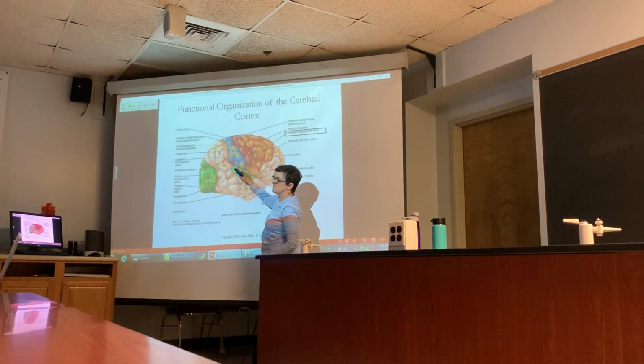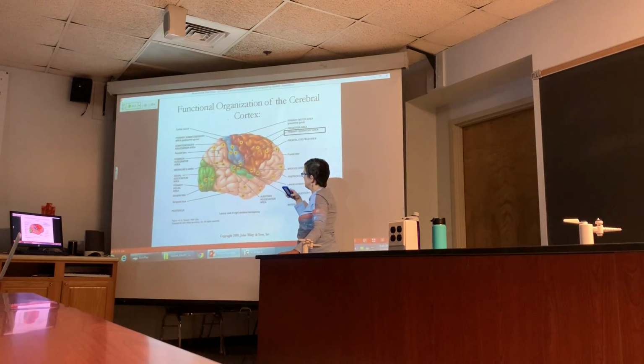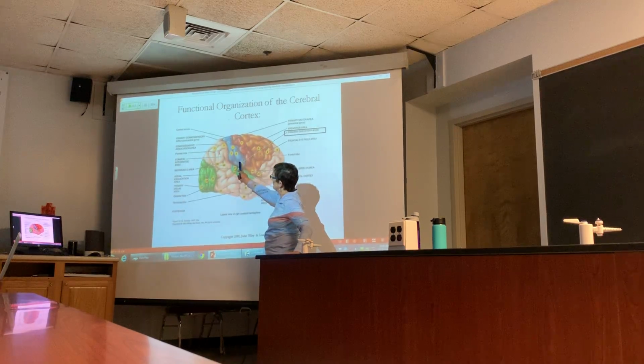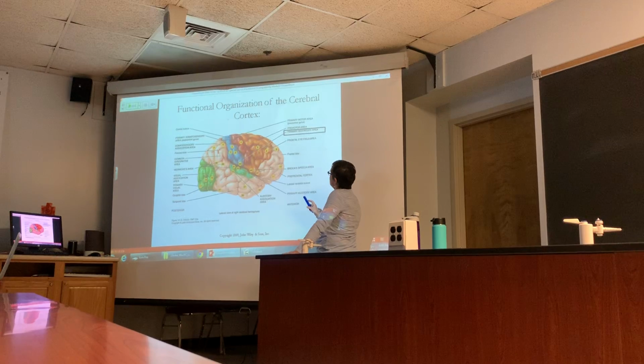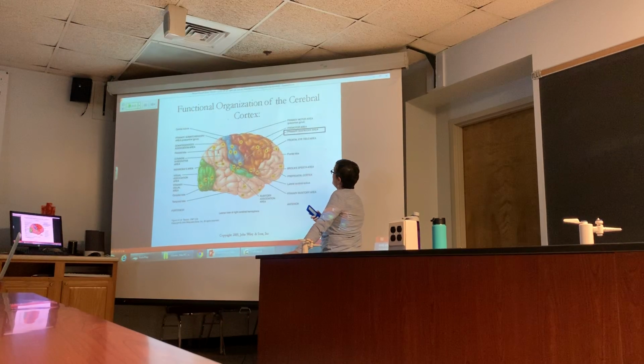So it's fairly close to where the olfactory area is, a little bit superior to that. But I guess it's actually in the parietal lobe, not the temporal lobe, but it's on the side of the head, or the brain, I should say. Any questions about that? So primary gustatory area is what allows you to process those senses and recognize those tastes.